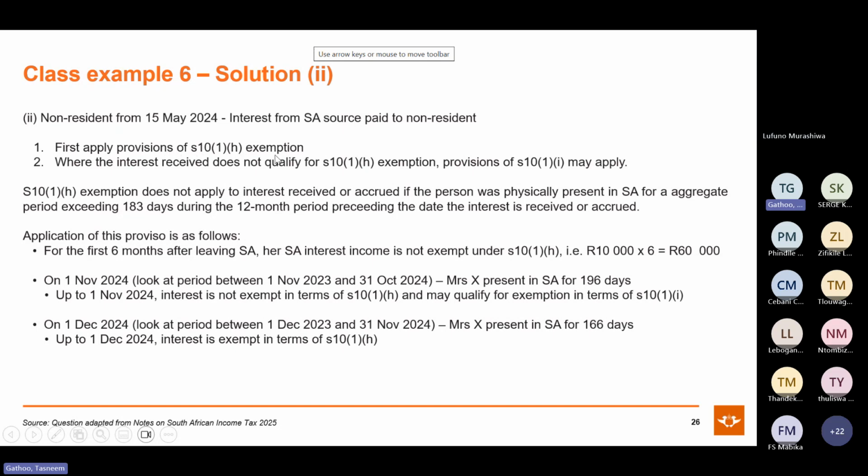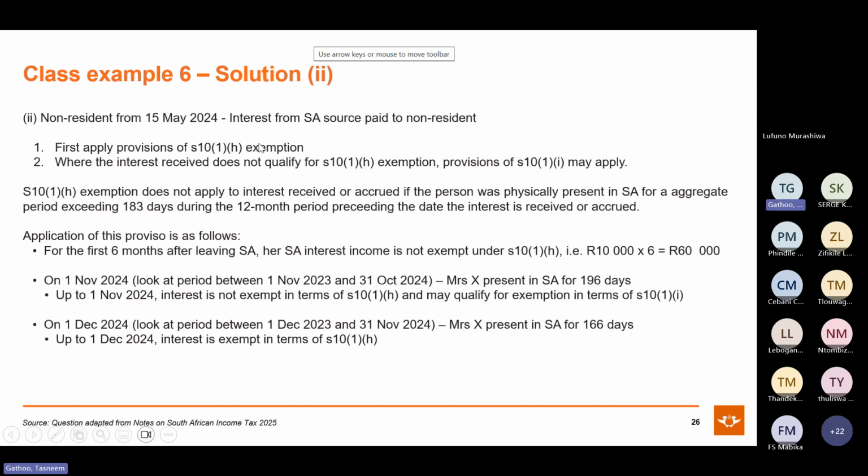You look at what the provisions are and how a person would qualify, and if it meets those requirements, you exempt it in terms of section 10(1)(h). If, however, it does not qualify for the section 10(1)(h) exemption, then the provisions of section 10(1)(i) may apply. And again, remember, this is for natural persons, so it's not applicable to companies, it's applicable to normal individuals.